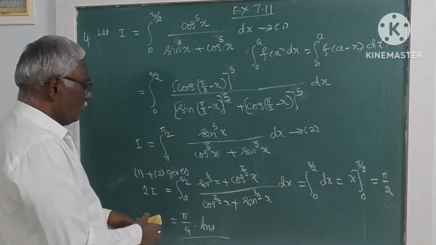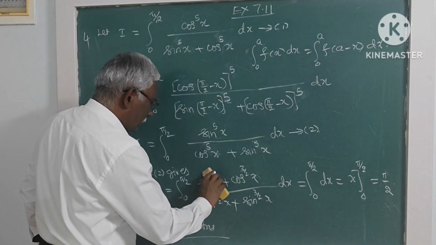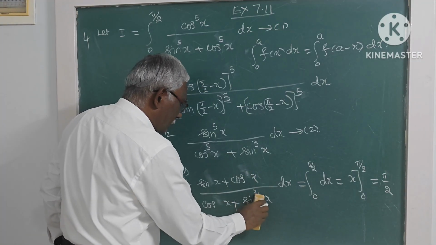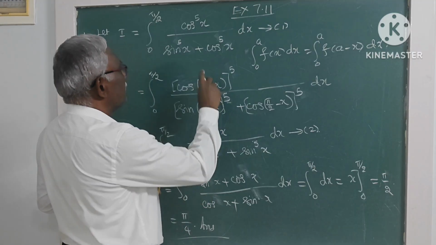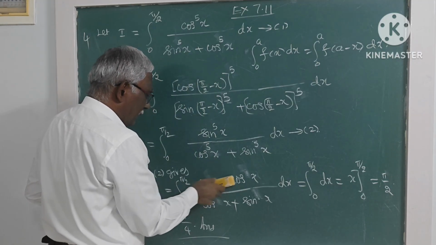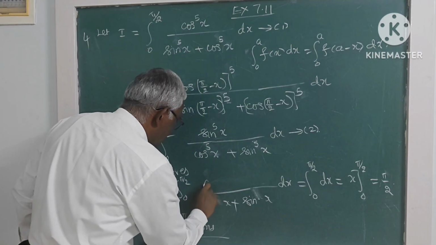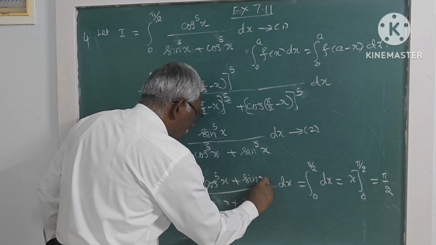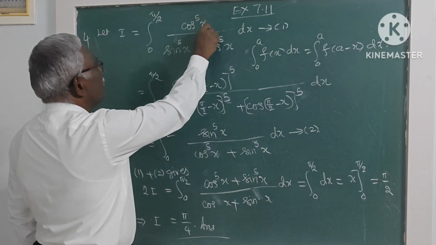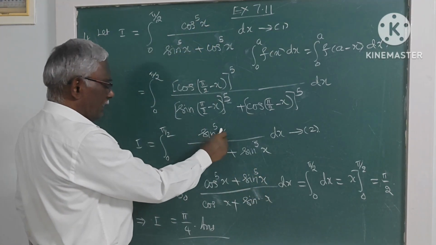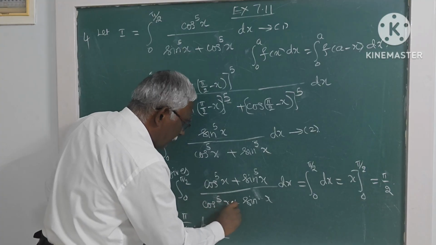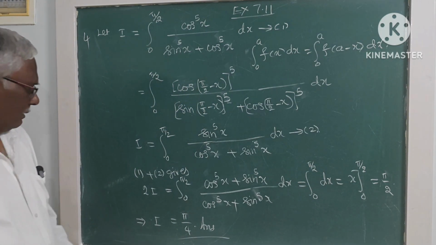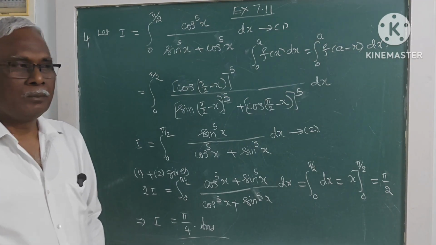Again adding 1 and 2, we get cos x power 5 plus sin x power 5 over cos x power 5 plus sin x power 5, we'll get the same answer again, which is pi by 4.